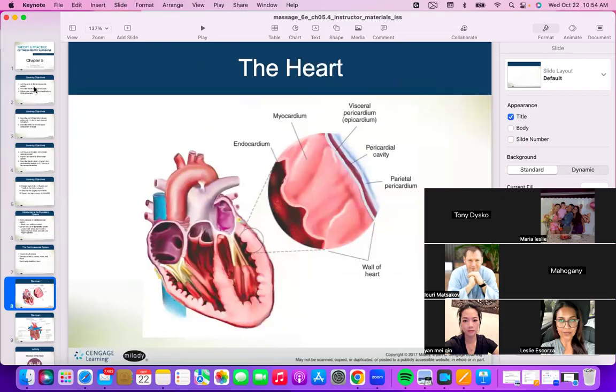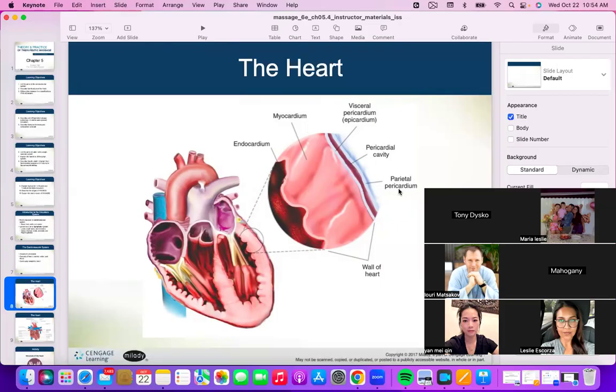So the heart, let's take a look at the heart. What does it consist of? First, we're going to take the membrane or the outer wall of the heart. The most inner layer is called the endocardium. The middle layer, which is the muscle itself, is called the myocardium. And we have the outer membrane right here, which is the pericardium.